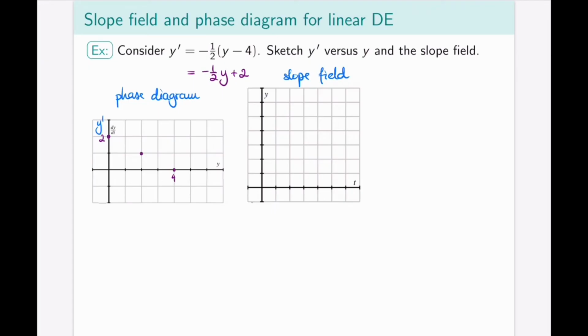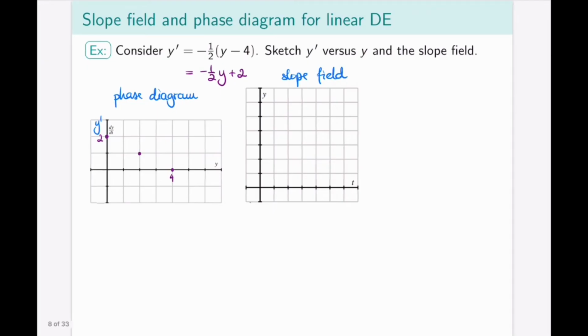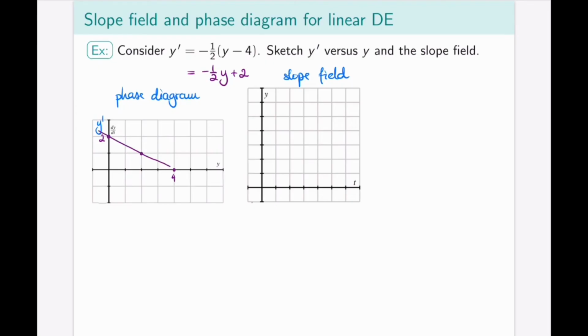Okay, so whether you recognize it as a line or you have to plug in a few points, that's totally fine. Once we see a bunch of these examples, you will get more comfortable with noting whether the overall shape is linear or some other function. So what we have here is now a phase diagram. We're going to have to actually come up with a notation and think about this a little bit more, but let's sketch the slope field first.